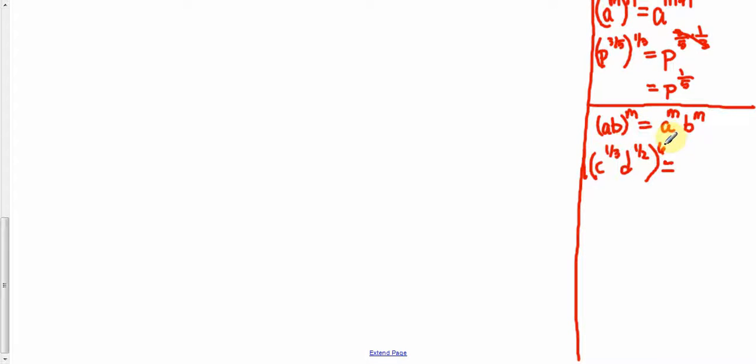That means that you would do 1/3 times 6 and 1/2 times 6, because that's a power to a power. So it would be c to the 1/3 times 6, d to the 1/2 times 6, which would be c squared d to the 3rd.